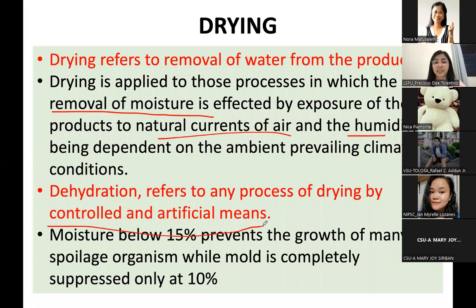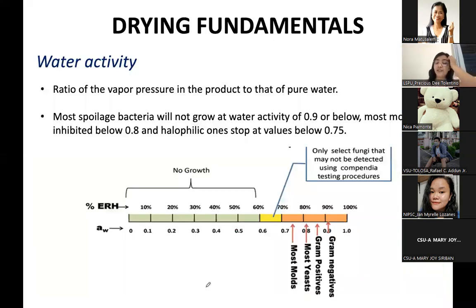And the required moisture content during drying should be, okay ha, lumabas din ito during board exam, below 15% moisture content in order to prevent the growth of spoilage organisms, especially bacteria, whereas sa molds naman dapat nasa 10%. So, pinaka-safe class na moisture content of a product should be at 10%. Okay? So, these are the drying fundamentals.